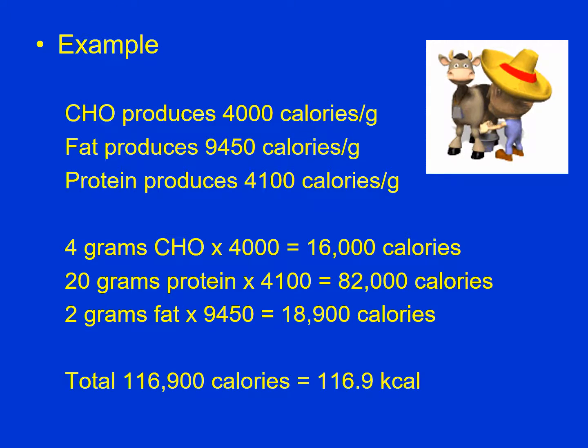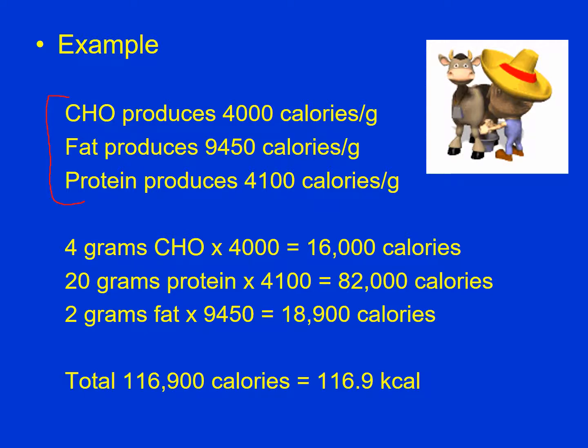Here's an example, kind of going through the calorie system here. On average, and it's going to vary, carbohydrate produces 4,000 calories per gram. Fat has over twice as much, 9,450 calories per gram, and protein has about the same energy content as carbohydrates.